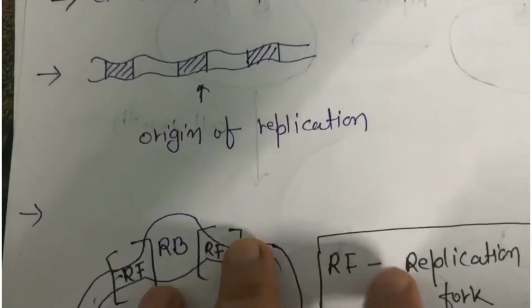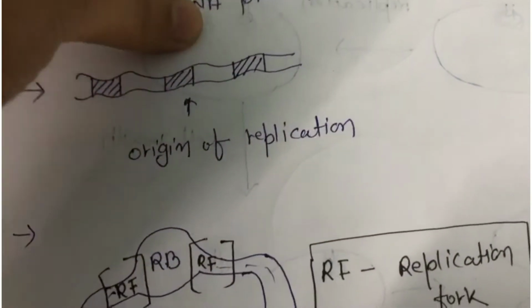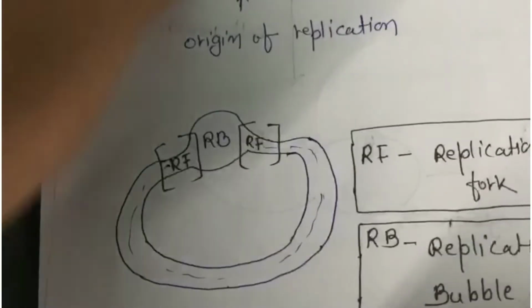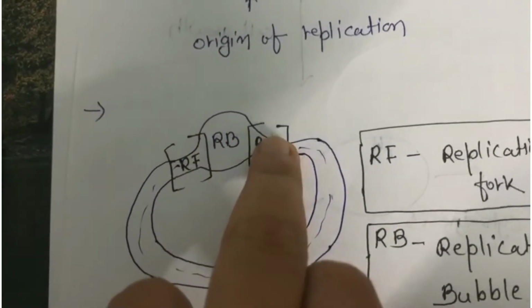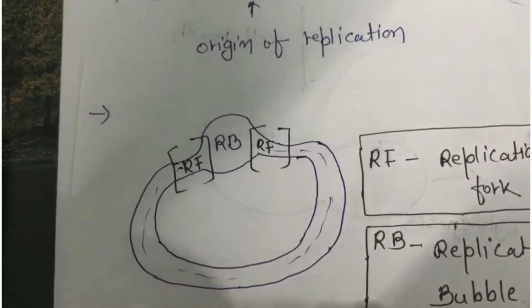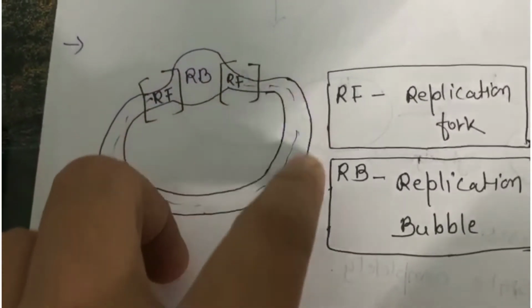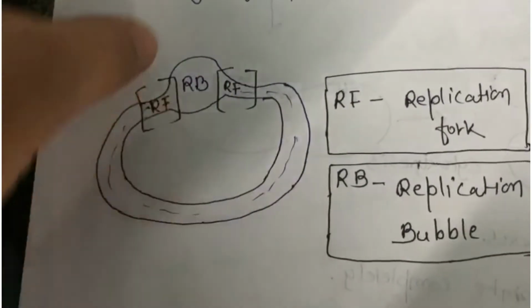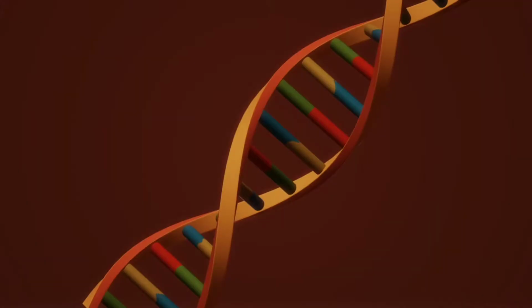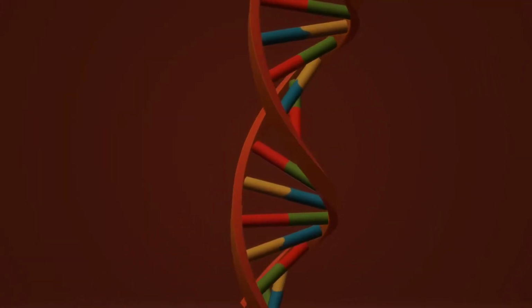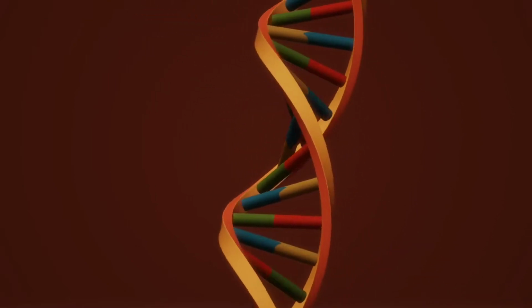This is the process by which they replicate themselves. You can see in this picture replication bubbles and replication fork. After bubble formation, DNA replication will start and finish at the end.